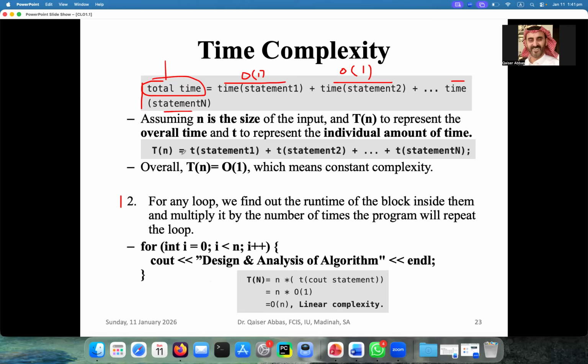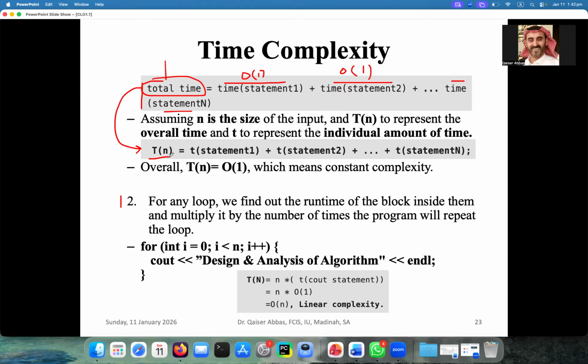We can also write this statement shortly like that. Mostly in algorithm books, you will see that total time is represented with T of n.